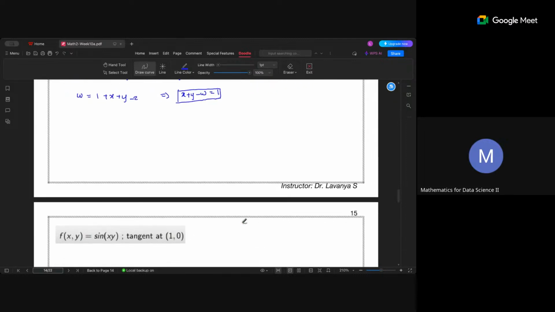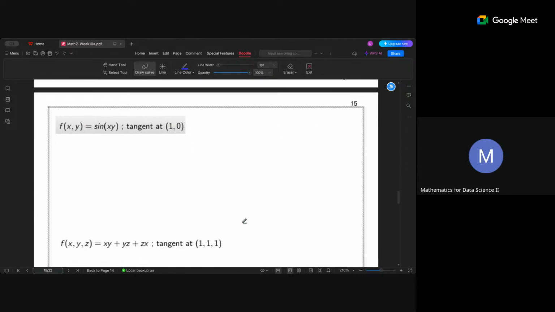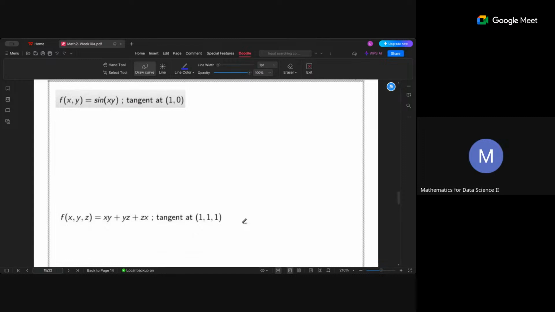So those who have completed the previous one, do the next one. So what is f of 1 comma 0? Sine 0. What is that? 0. Now what is del f? (y cos xy, x cos xy). And del f at 1 comma 0? 0 comma 1.